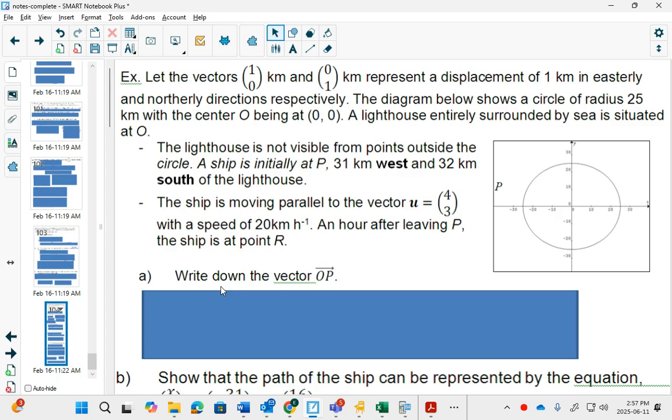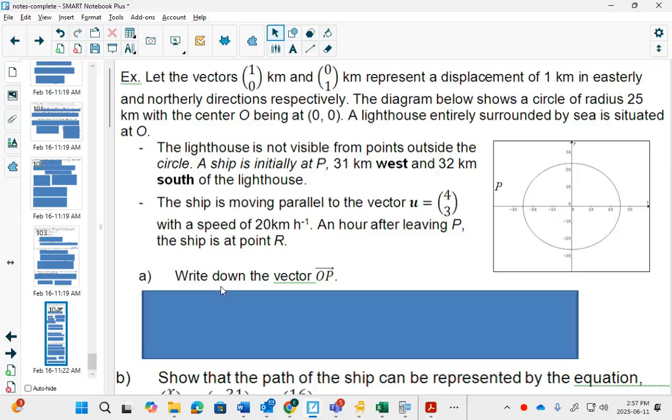And our last question. Also 2 dimensions. We could do a 3-dimensional one too, but we have vectors, 1 kilometer east, 1 kilometer north. Here we have a circle with a radius of 25, with the center being at the origin. And that's where a lighthouse is.